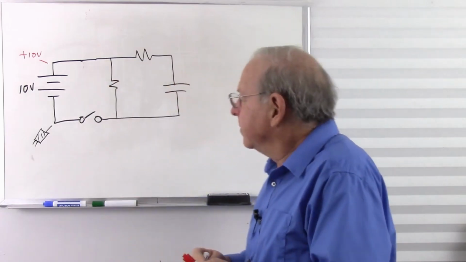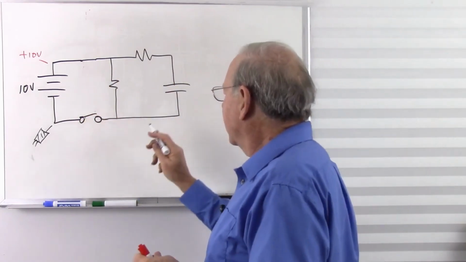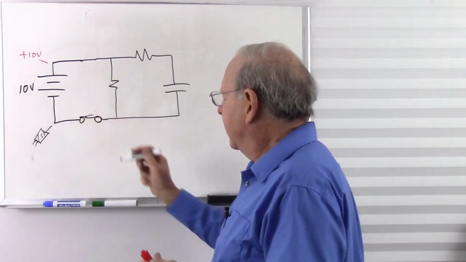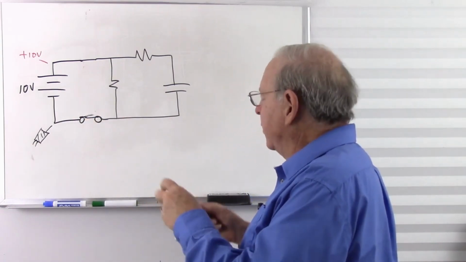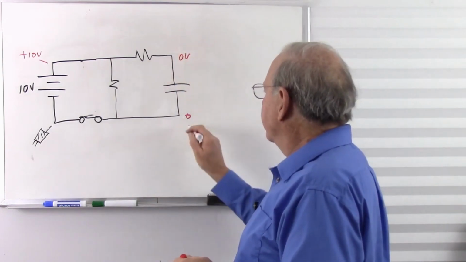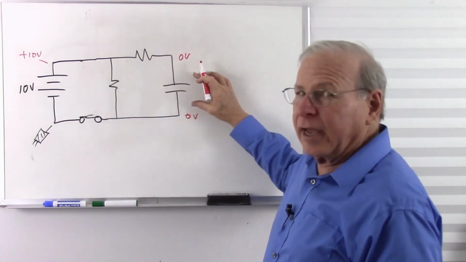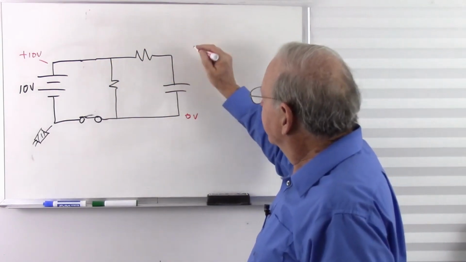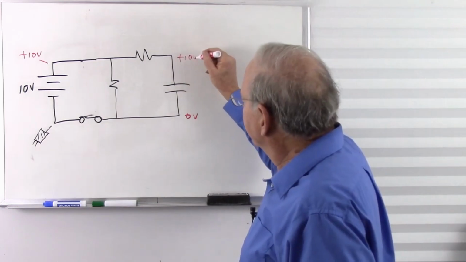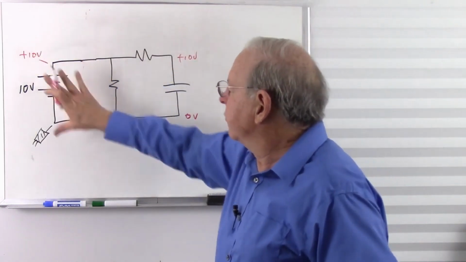So there's our circuit. We close the switch. And at that moment, we have 0 volts, 0 volts, 10 volts. This charges. After 10 seconds, this becomes 10 volts. It's 10 volts everywhere up here, 0 volts everywhere down here.